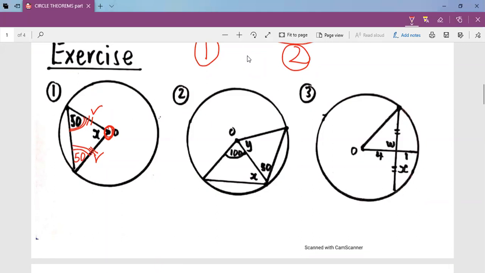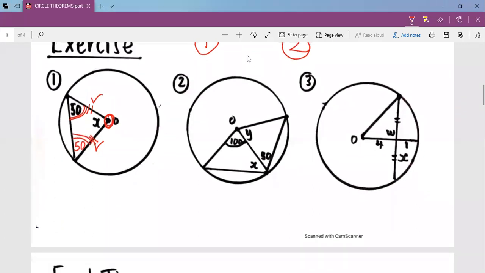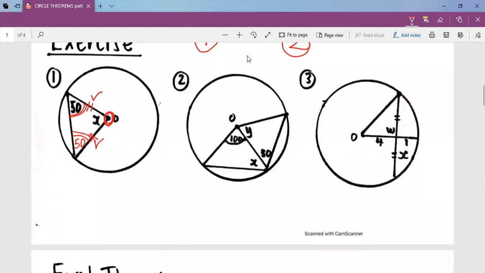So if I have those two corners as 50, it means I have angle sum of a triangle as 180. So it will be 50 plus 50 plus x is equal to 180 degrees.